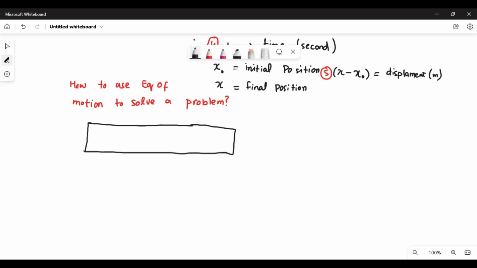And how many boxes will this structure have? 5 boxes. And what will you write here? v, v naught, a, t, x minus x naught. You will write any given value in it, and the one that is missing you will cross out.